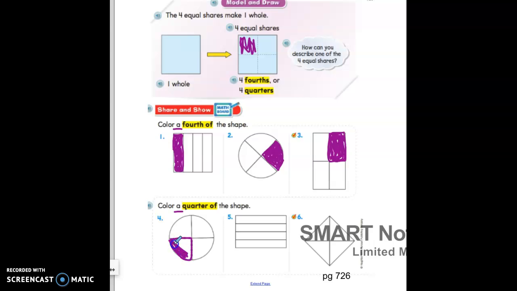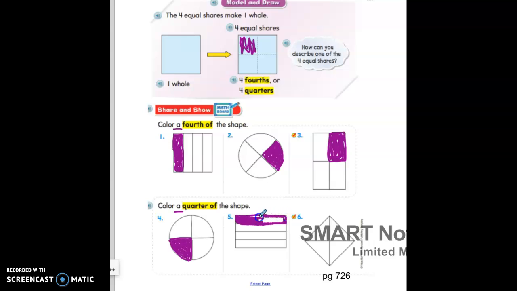Do the same thing for numbers 5 and 6. Don't forget, we are noticing that all 4 parts are equal shares. They are all the same size. If any of these shapes did not have all equal parts, then we can't really color any of them in. But since all the shapes have equal parts, we can color in a fourth or a quarter.